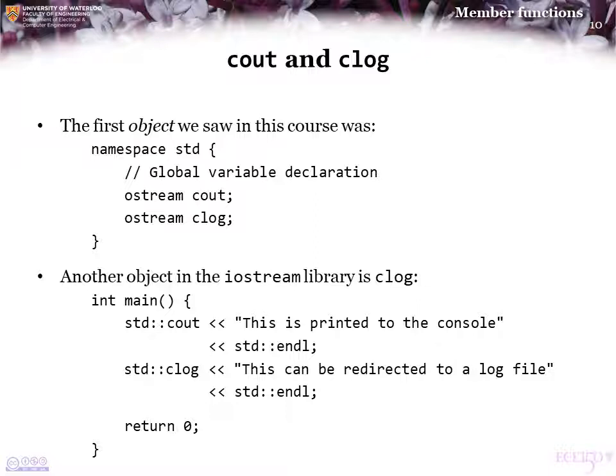However, there are mechanisms within the operating system to redirect any statement sent to clog to have that sent to a file instead. So anything printed to cout still appears on the console, while anything printed to clog is sent to a logging file.